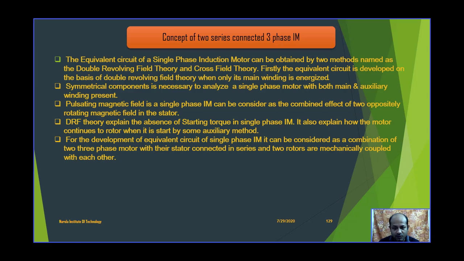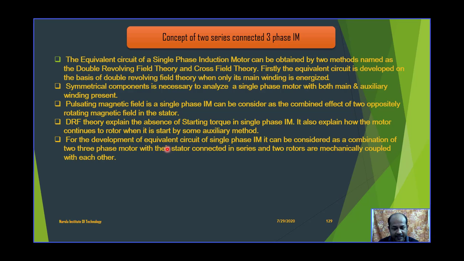So, if we consider a single phase induction motor, then it can be described by a series combination of two three phase induction motors, because the pulsating field produced inside the stator can be thought of as a combination of two fields, one forward field and one backward field, both rotating at the same synchronous speed ns but in opposite direction.